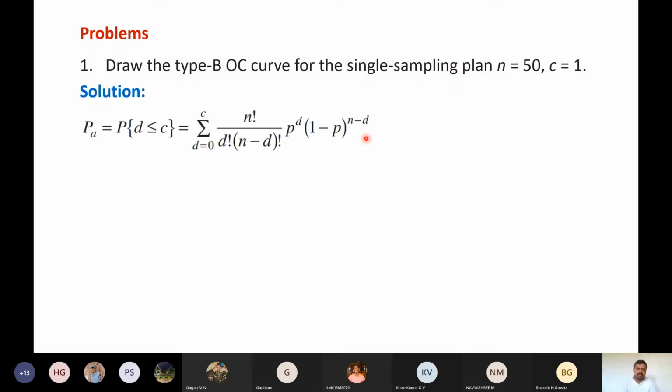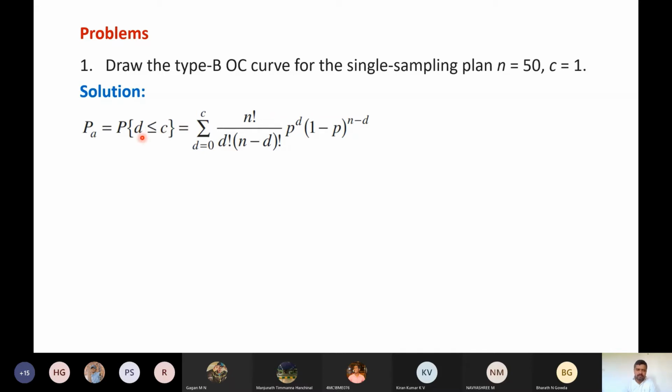First, we will go for determining the probability of acceptance, given by PA. Here we are going to accept a lot if the number of defectives D is less than or equal to the acceptance number 1. Here C is 1, which means the number of defectives can be 0 or 1.